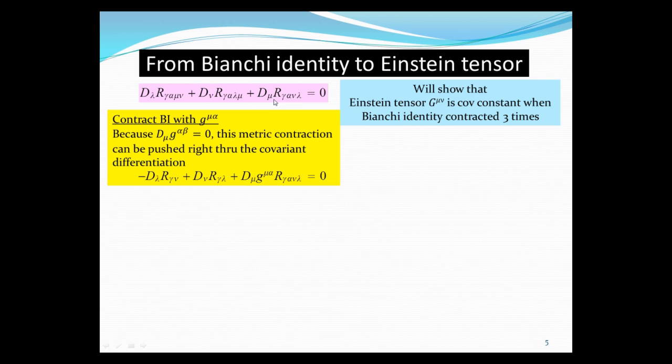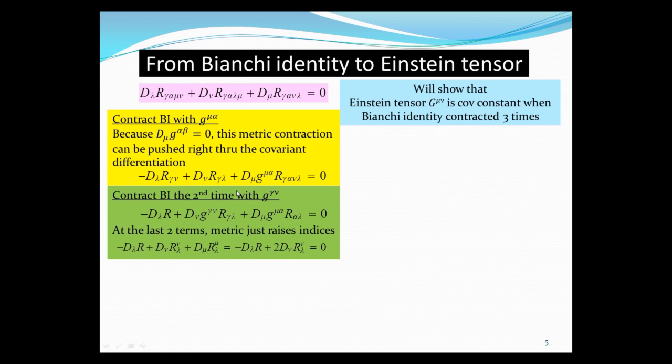And this one is a contraction with the covariant derivative index, so there's nothing I can do; I'll leave it there. Now I'm going to contract this equation one more time with the inverse metric g gamma nu, and again we can push it across the covariant derivative. So this becomes the Ricci scalar. Again, this is the nu index, so nothing I can do.